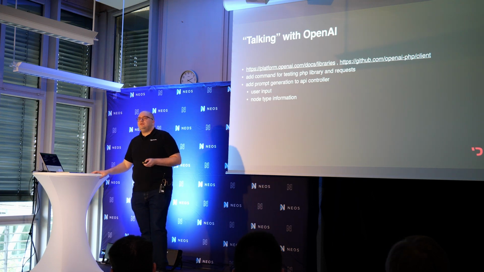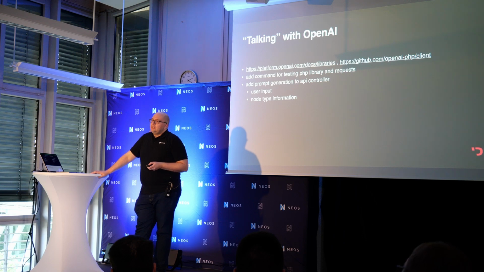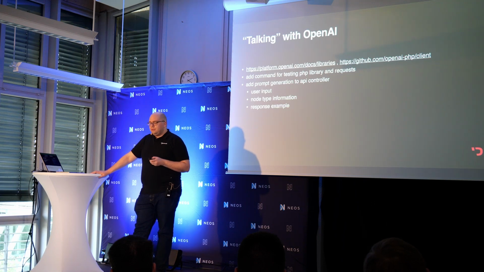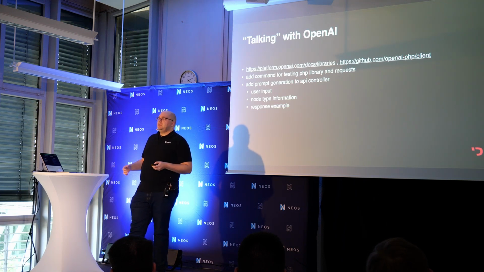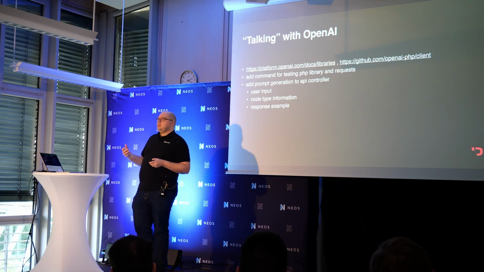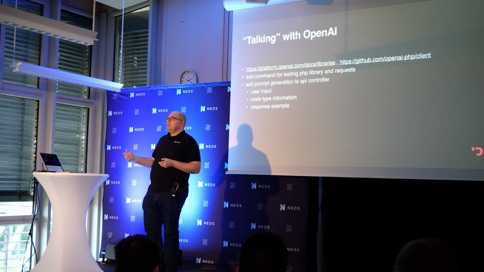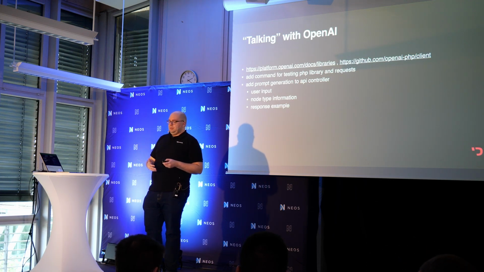And I also thought about how to achieve a more consistent response. I looked at different examples of text generation and thought, okay, I think it would also be helpful if we have a response example. So I added a JSON structure which represents a possible response into the generation prompt.